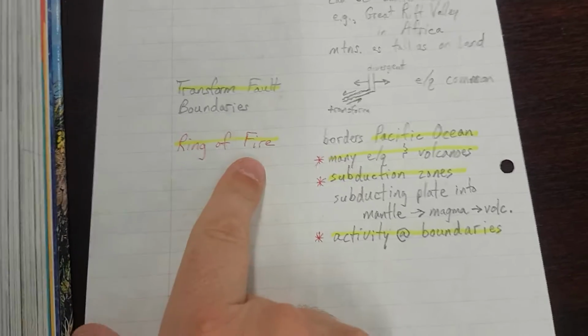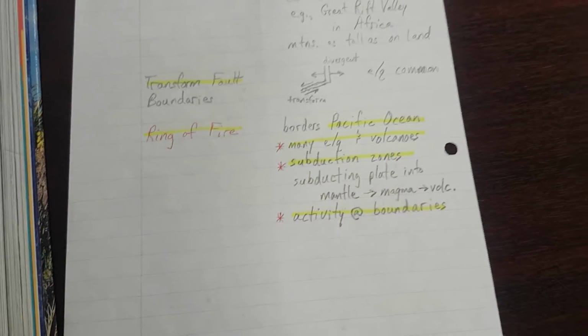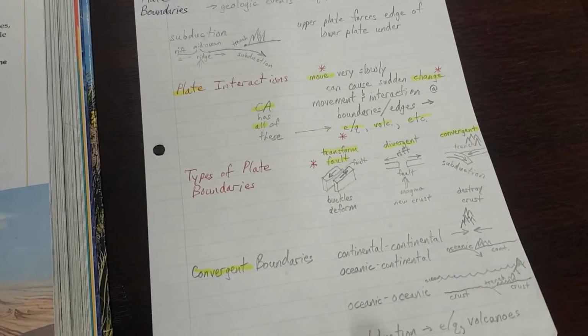Okay, what else? Ring of Fire. Maybe you have watched something on National Geographic about the Ring of Fire. Okay, so something you know in your brain that is related to what we just learned.